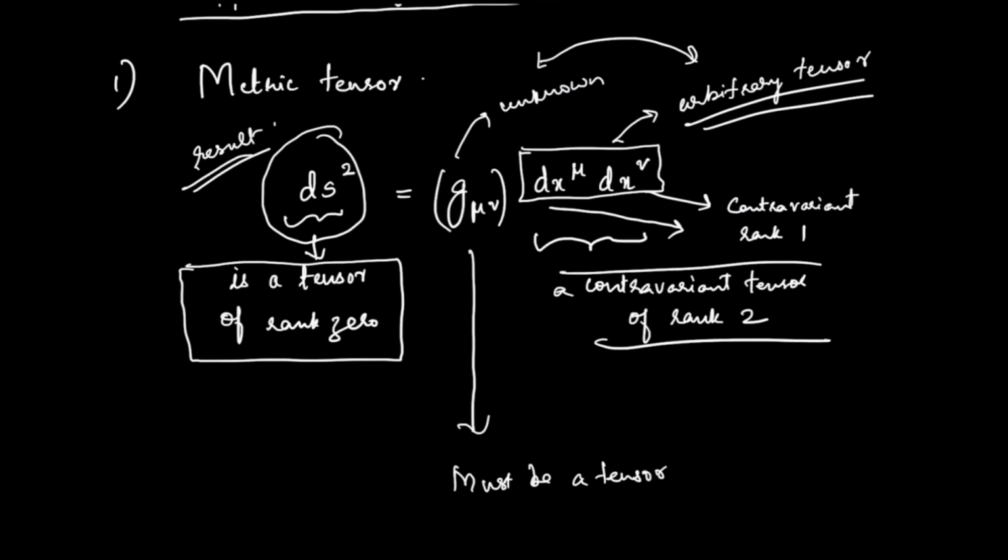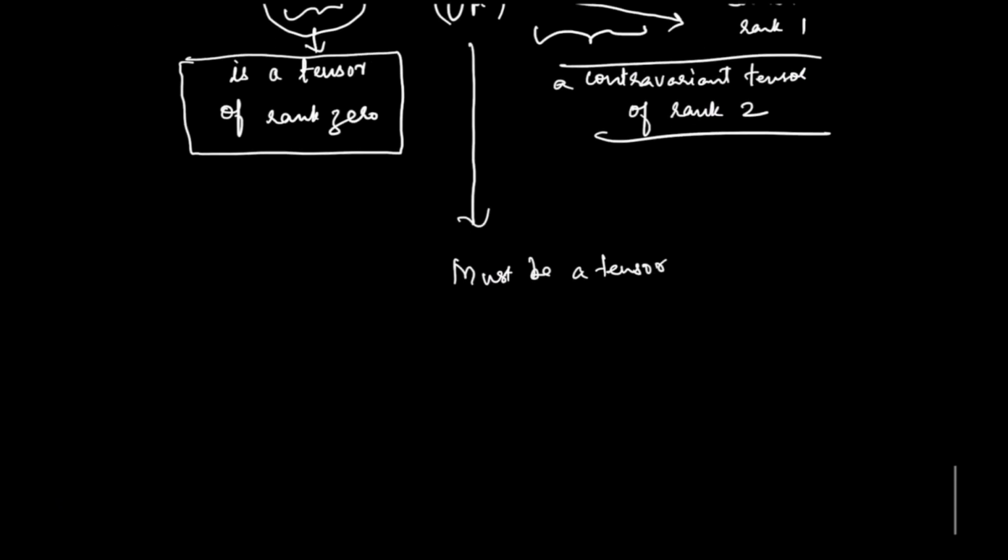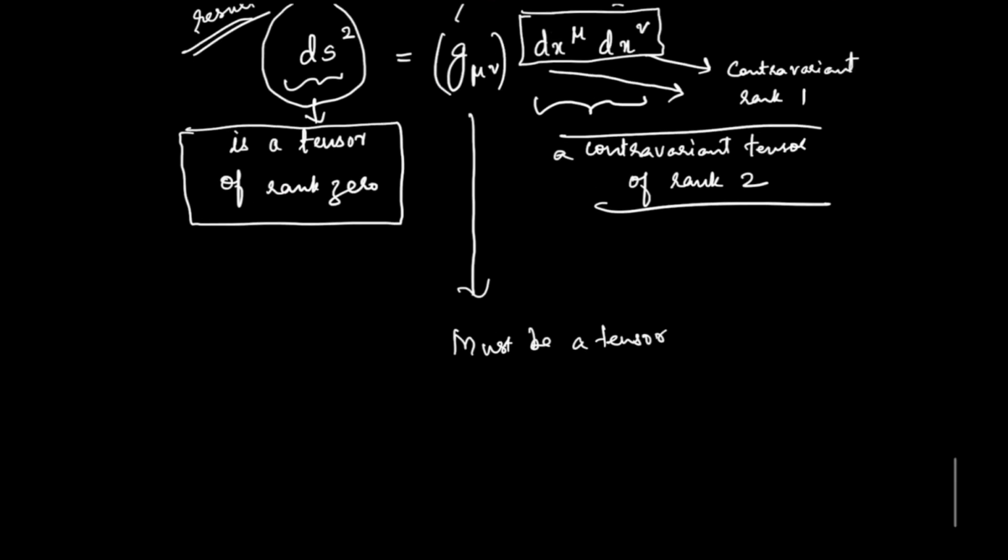According to the quotient law, the product of any arbitrary tensor with a given function is a tensor, then the given function is also a tensor. Hence, the quantity g mu nu must be a tensor of rank 2, and this is called the fundamental metric tensor. Or more precisely, I can call it the fundamental covariant metric tensor.